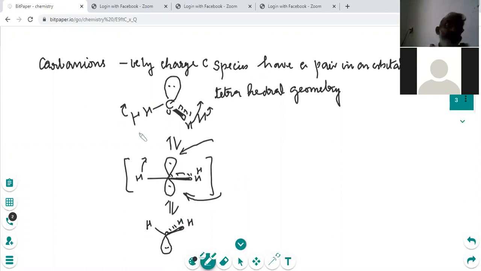So once a carbanion is formed, it can be attacked from either side because of this equilibrium. This is an internal rotation, inversion, something called a pyramidal inversion.